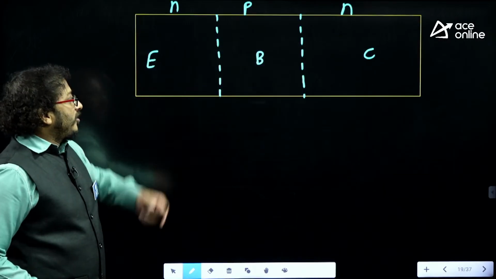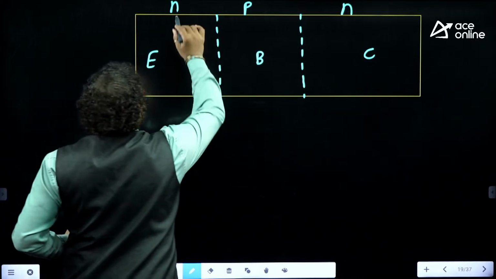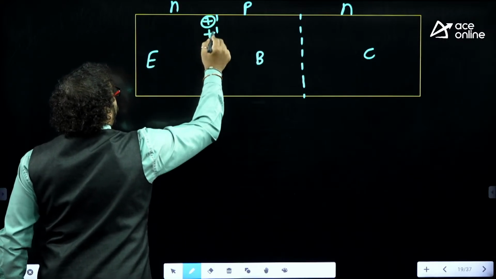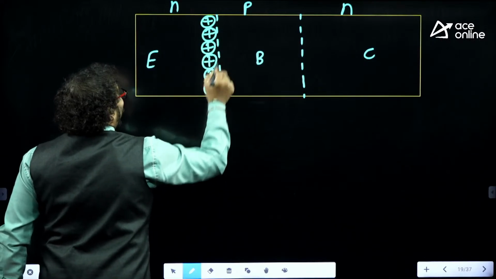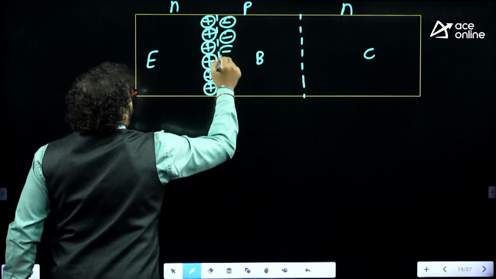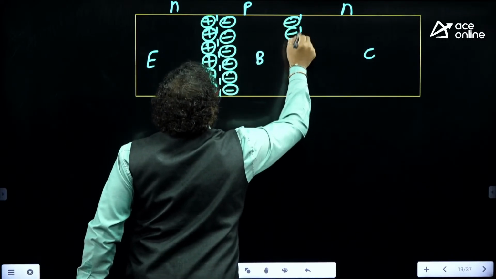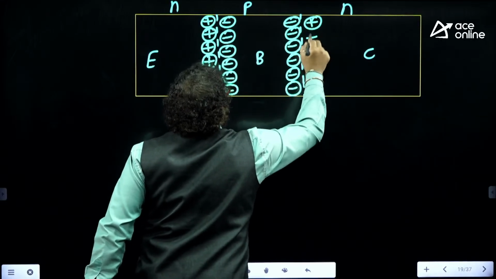In the similar way, if I go for a bipolar junction transistor, for example, an NPN transistor. So the N-type contains what, dear students? Positive ions here. See how fast we can draw. Please try to understand, try to grab it, which is very important. The P-type semiconductor contains what ions, guys? Negative ions. And the N-type contains positive ions.